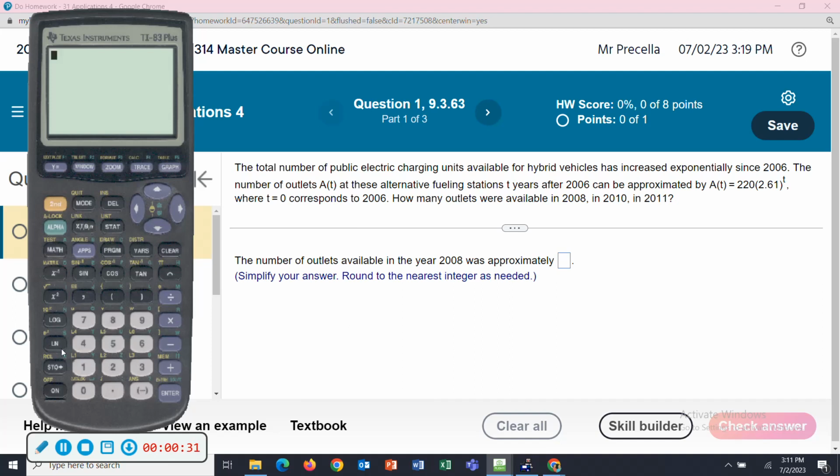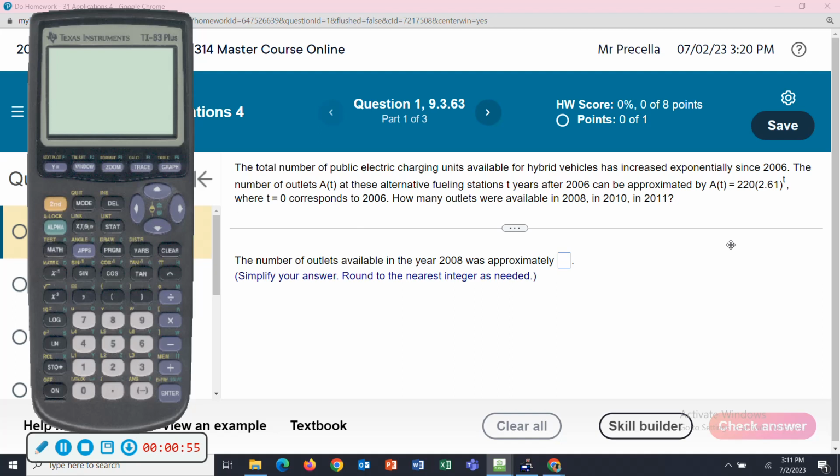You'll also need one with the e to the x, and on this one the e to the x shares with the ln, but that's later on. We're going to need the little caret top exponent key for punching in an exponent like this one here on problem number 1. Let's look at problem number 1.